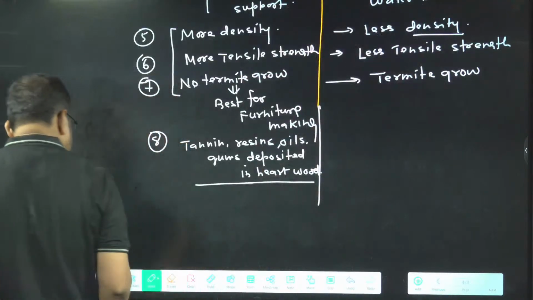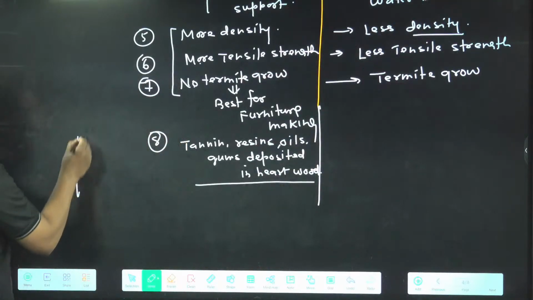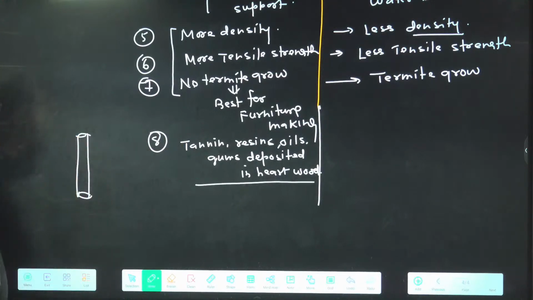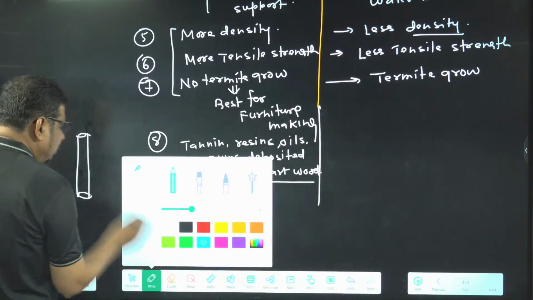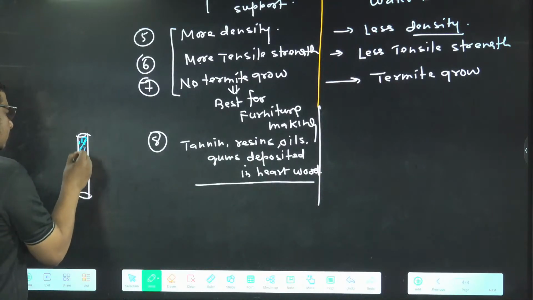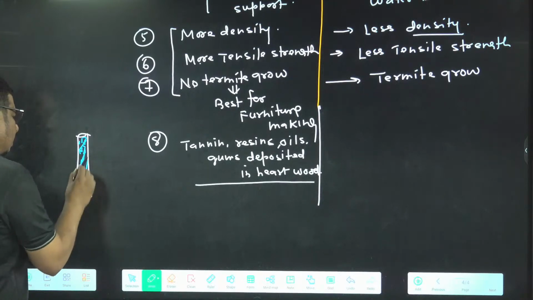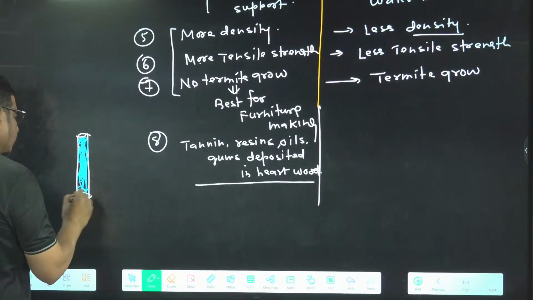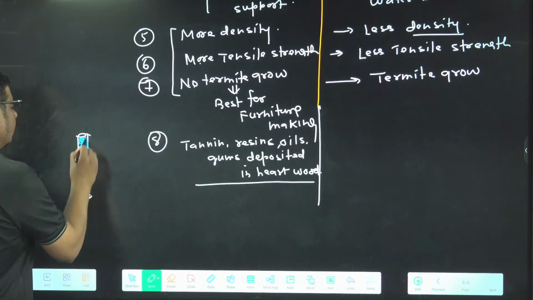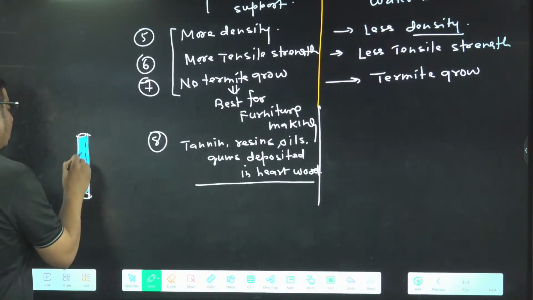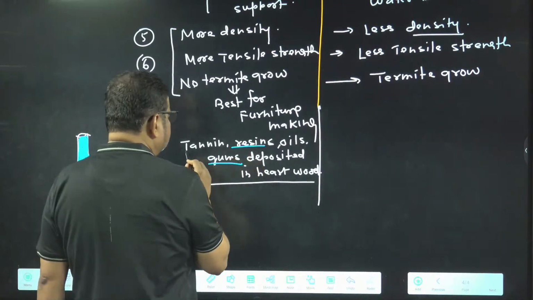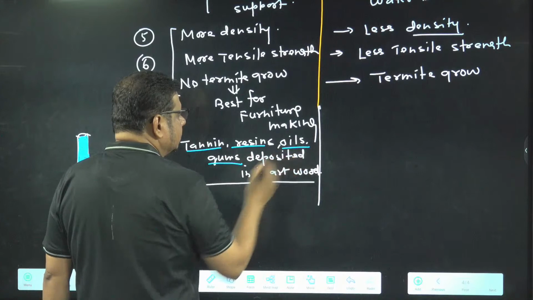You look here. Xylem, these are xylem vessels. It is like a pipe. Due to deposition of these materials, these xylem vessels get blocked. So the pipe is converted into a which one? Rod. And it becomes non-conducting also because the vessels are blocked with these gums, resins, tannins and essential oils.